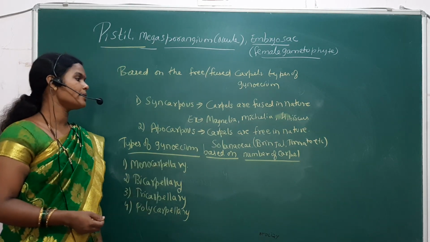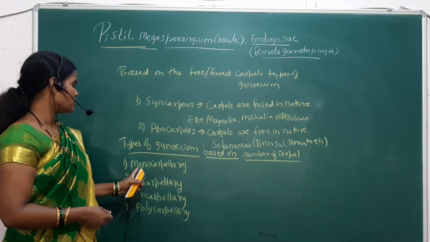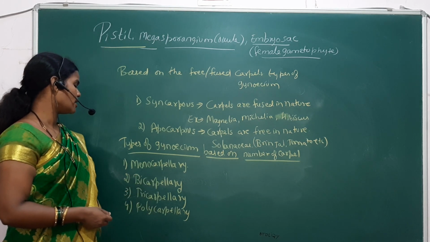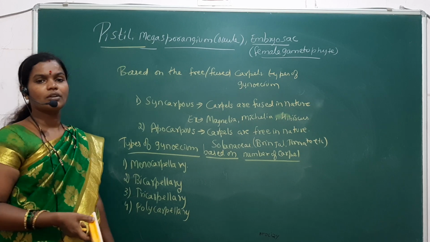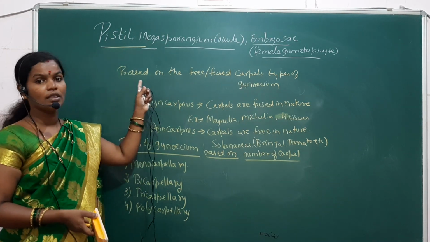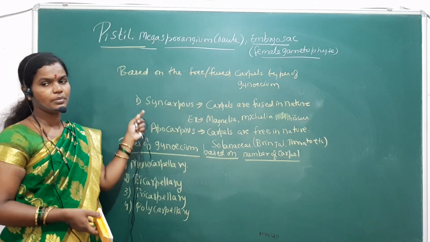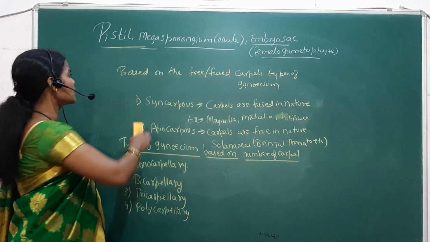So here we see monocarpellary, bicarpellary, tricarpellary and polycarpellary. So this is the concept of the types of gynoecium based on free or fused carpels, and the types of gynoecium based on the number of carpels.